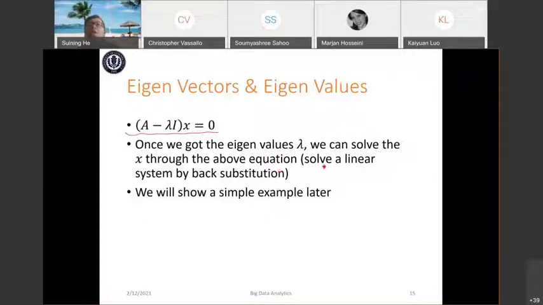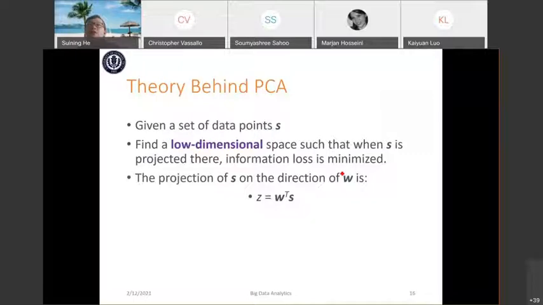It is a kind of solving a linear system using back substitution, and we will show simple examples in a later slide. But before that, I would like to first talk about the theory behind PCA, and why it relies upon the so-called eigenvector decomposition.